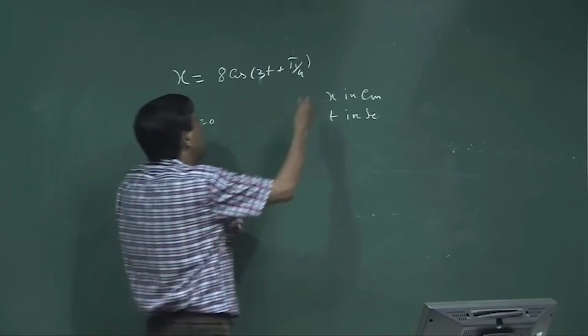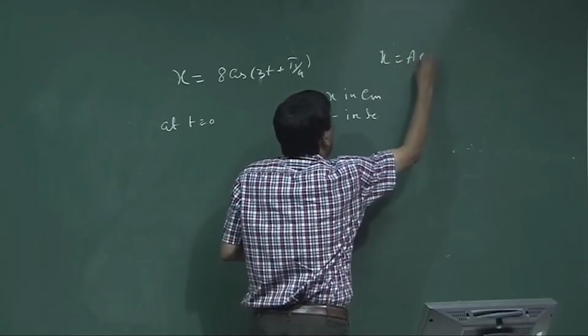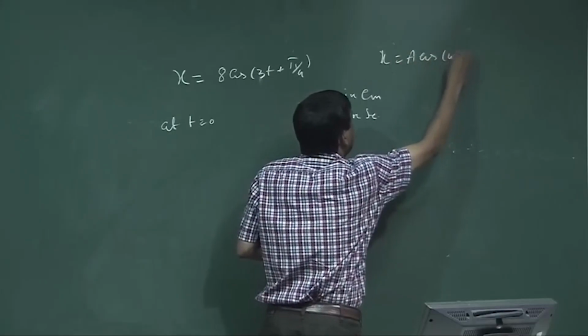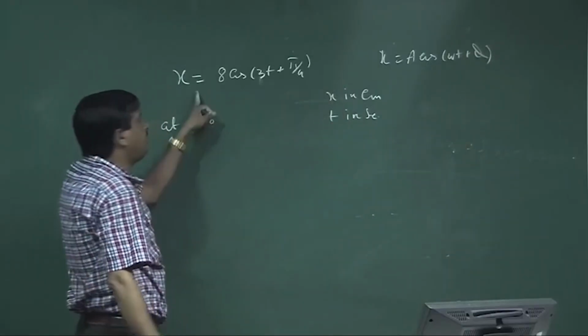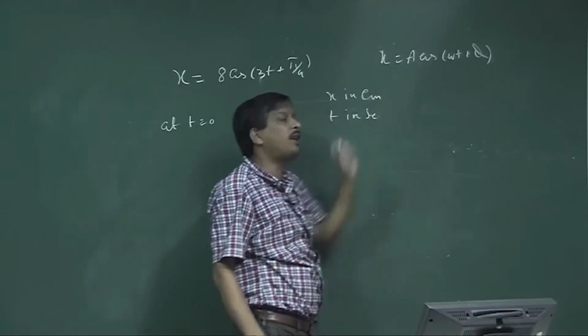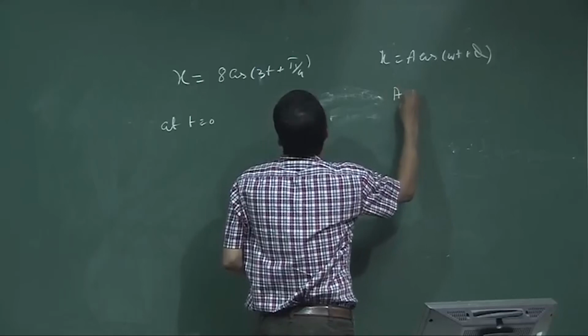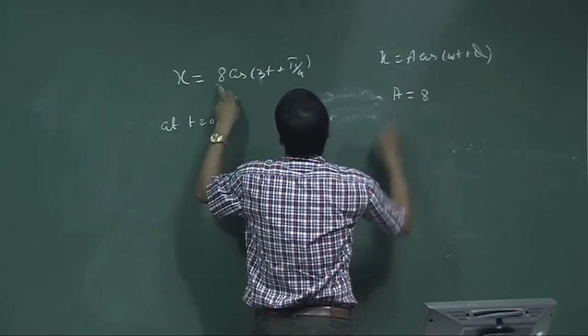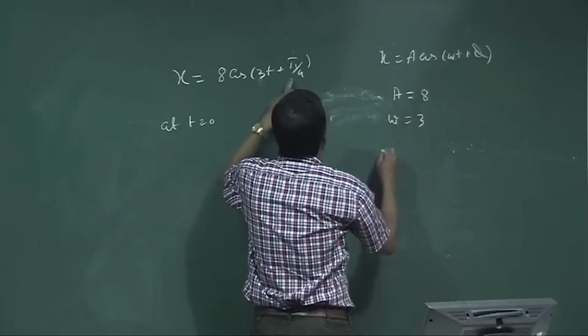So, if you remember, x is in the form of A cos(omega t + phi). So, what is the value of A? A is nothing but 8. What is omega? Nothing but 3. What is phi?